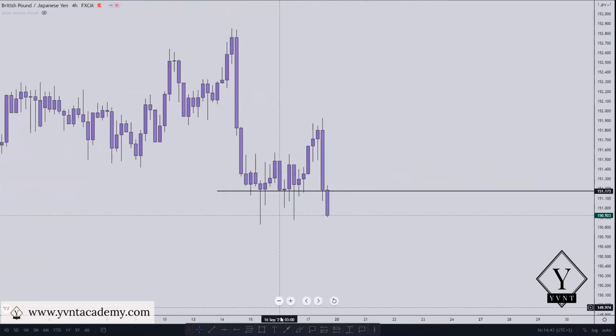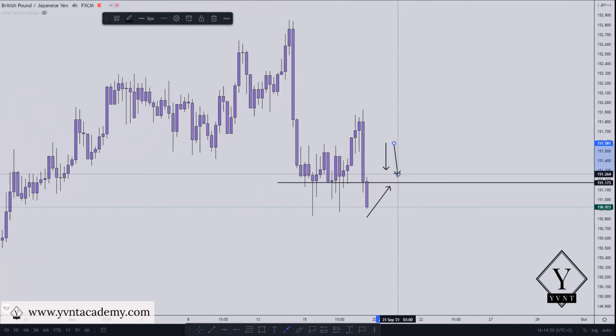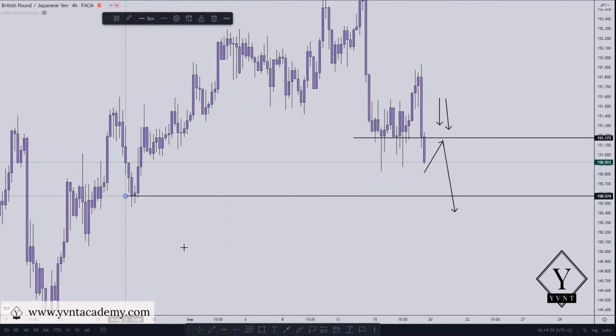What I can look for now is to expect price to come back and retest at these levels, and then I can continue looking for sells. My target when I'm selling there is going to be at these areas here, and if price breaks, this is going to be your target too.